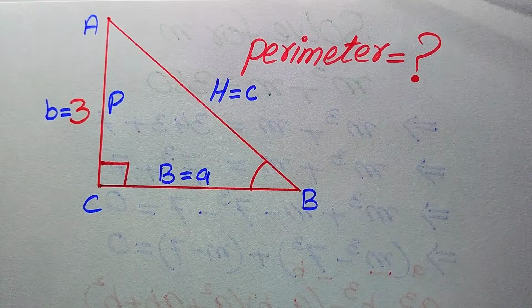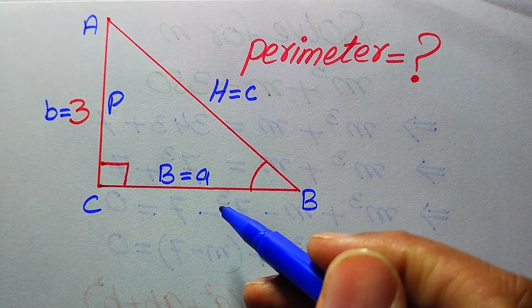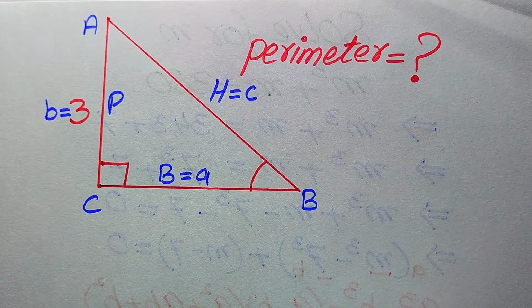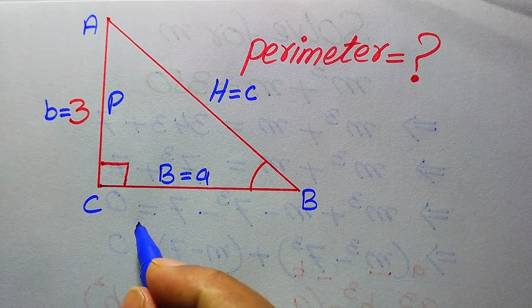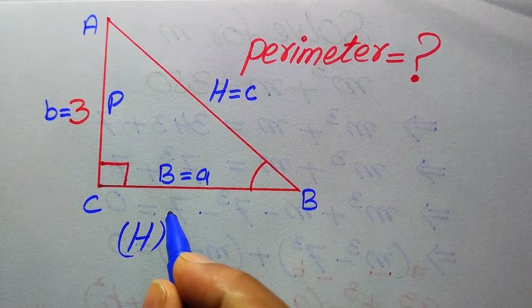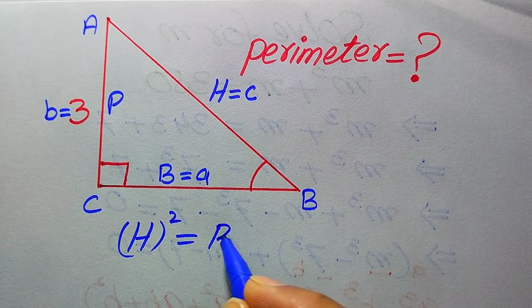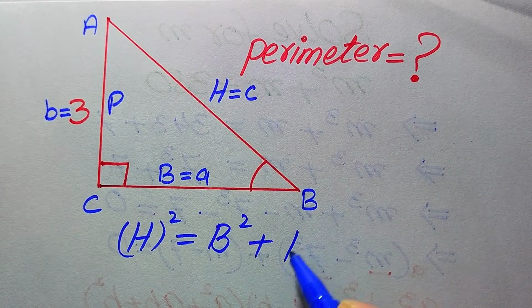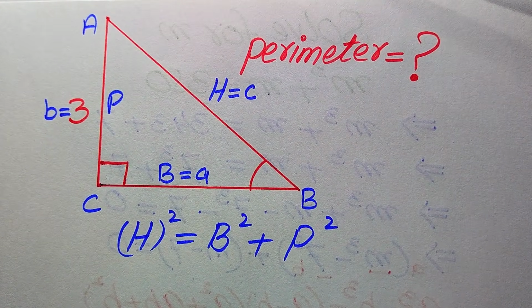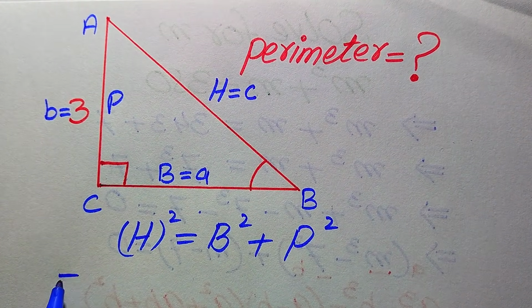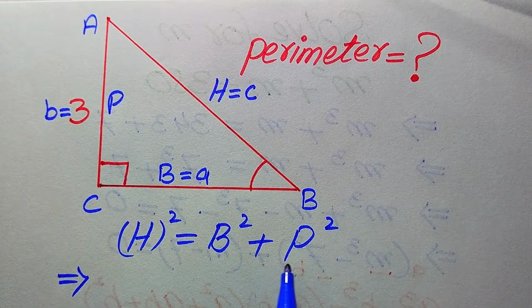So here this is a right triangle, and in a right triangle the Pythagoras theorem holds. What is the Pythagoras theorem? It is stated as hypotenuse square equals base square plus perpendicular square. Here we substitute the values of h, b and p.